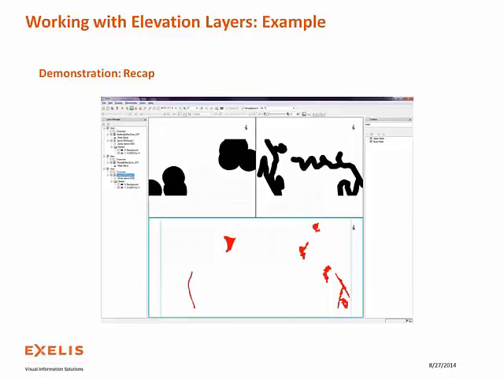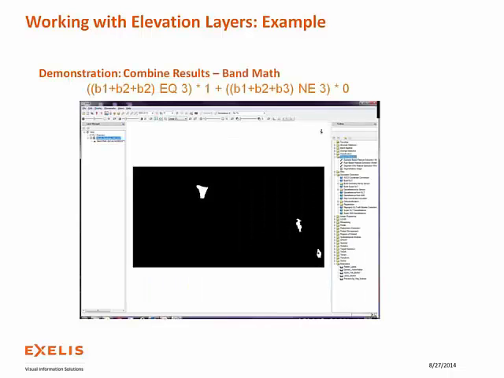This is the bandmask expression that I use, just band 1 plus band 2 plus band 3. So for each of those layers, where I get a hit in each band, I'm going to replace that with the value of 1 where it's actually a hit. Otherwise, it's going to be a miss.